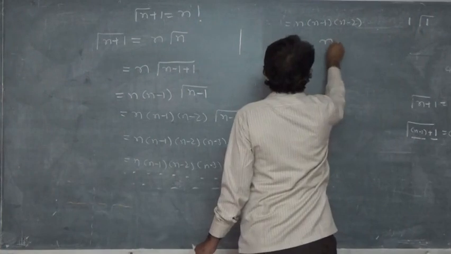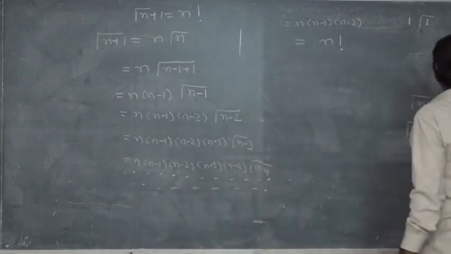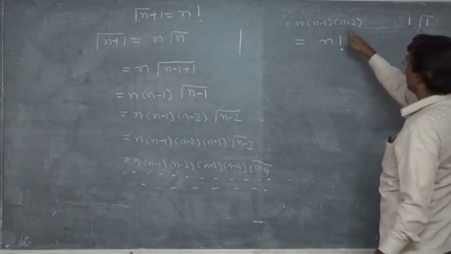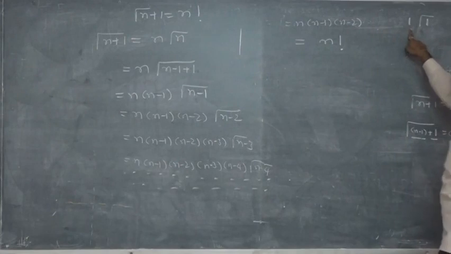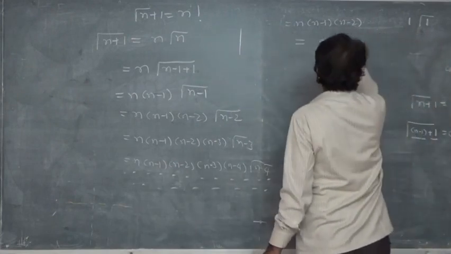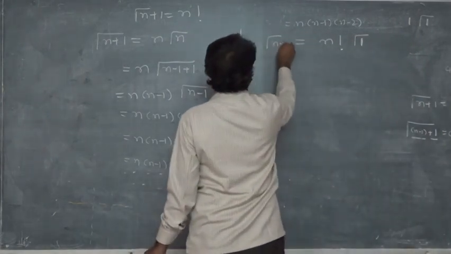So this can be written as n factorial into gamma 1. So here the left hand side is gamma n plus 1.